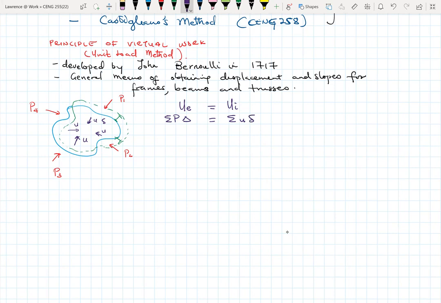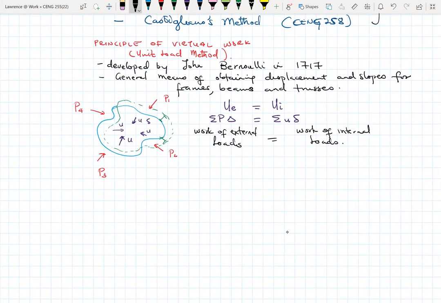So let me write here. This is the work of external loads, and this is equal to the work of internal loads. Here, P, or all the P's, is the external load.